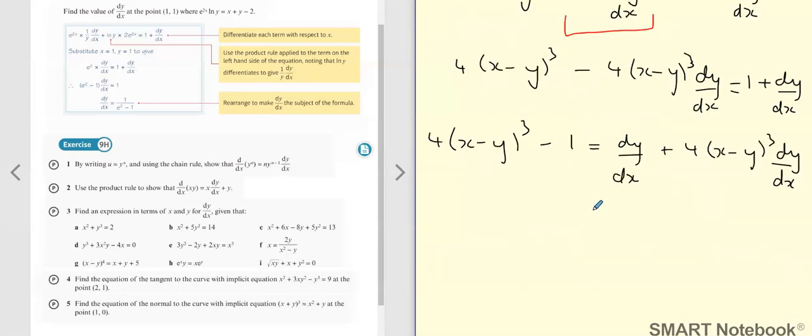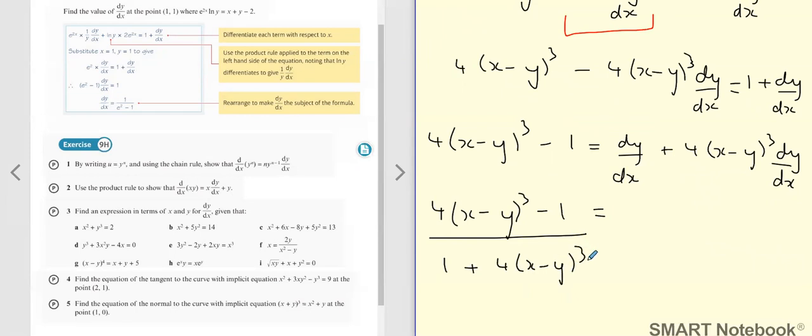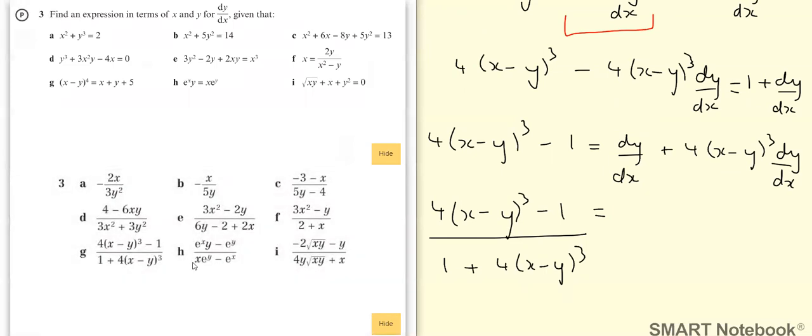And so now I can factorize it and divide it through, and we should get (x minus y) cubed minus 1 over 1 plus 4(x minus y) cubed. Let's just check that to be sure. Yeah.